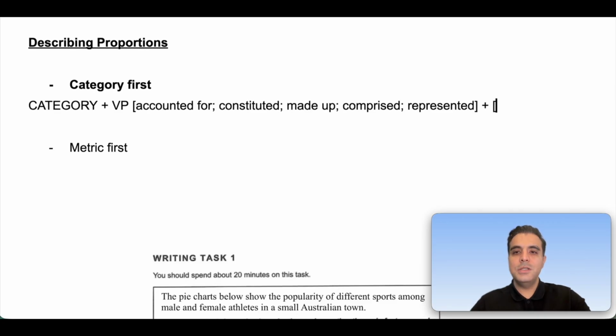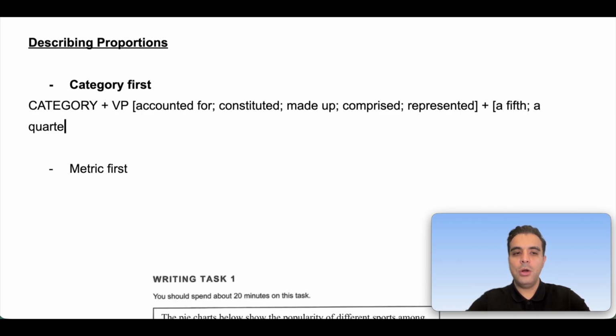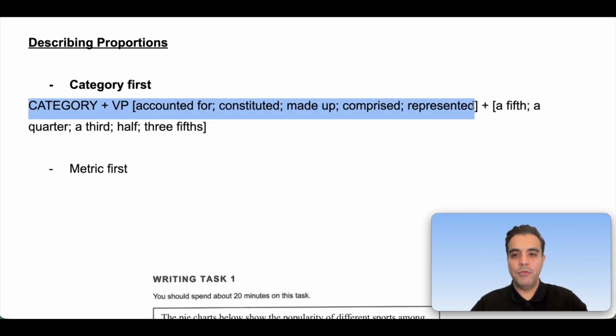Next, we're going to describe proportions using fractions of some kind. Some examples include a fifth, a quarter, a third, half, or any other kind of fraction like 3/5.